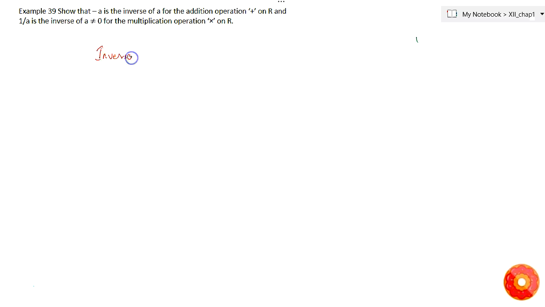Inverse, its definition basically differs with different operations. For example, in addition, it means a plus e is equal to e plus a, which must be equal to 0. Then e is called the additive inverse.